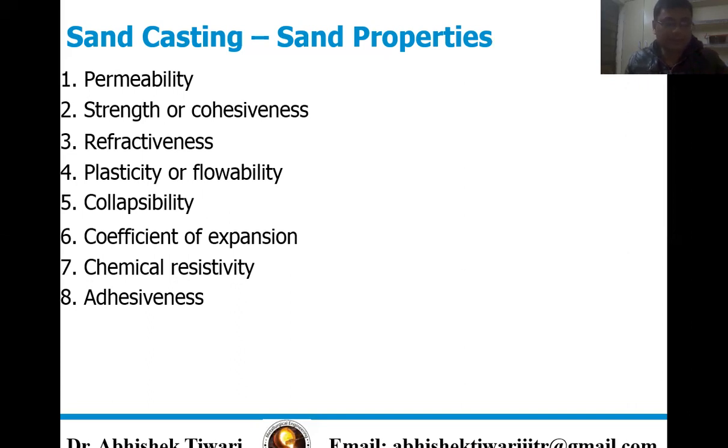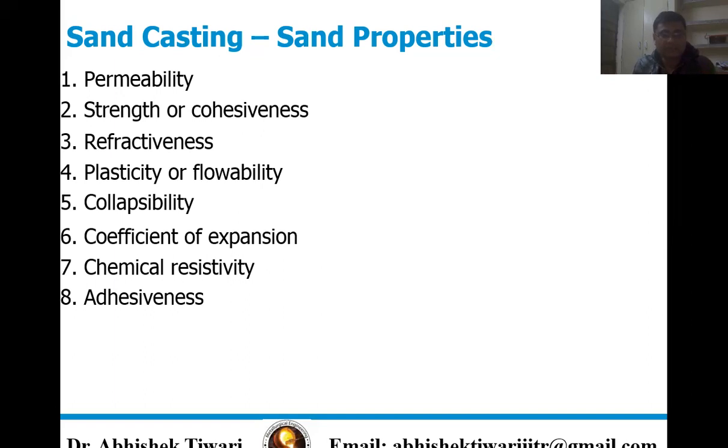Collapsibility permits the molding sand to collapse easily during shakeout and permits the core to collapse easily during its knockout from the cooled casting. Lack of collapsibility may result in formation of cracks in the casting. It depends on the amount of quartz sand and binders and their type.